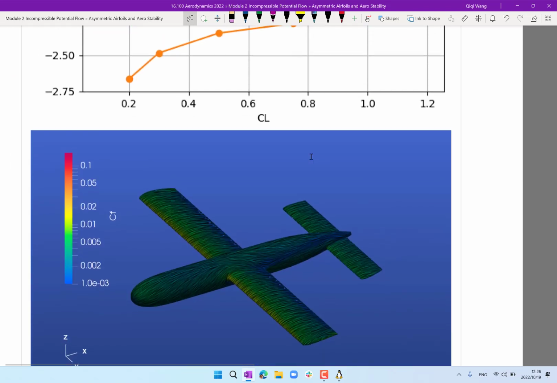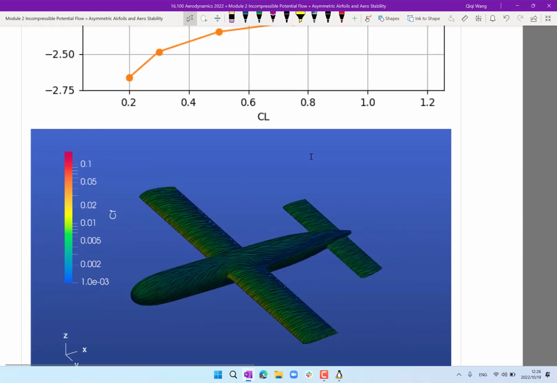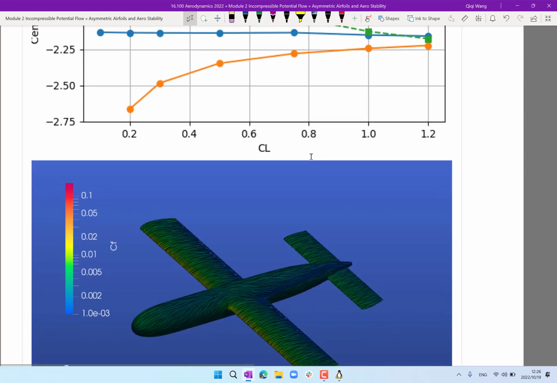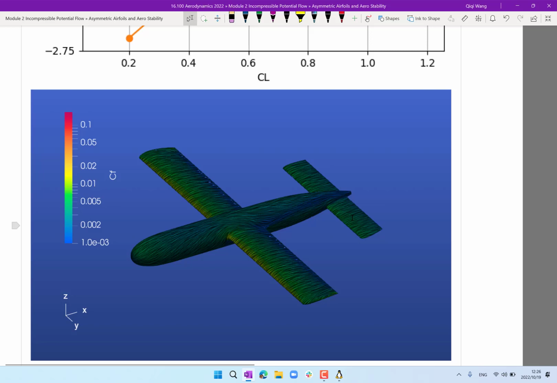If you have a wing and a horizontal tail, and you put the horizontal tail at a lower lift coefficient than the main wing, either by having a lower angle of attack or less camber, you're going to increase the stability of the whole airplane. So we'll see you in recitation Friday, and next Monday we'll start discussing three-dimensional potential flows.